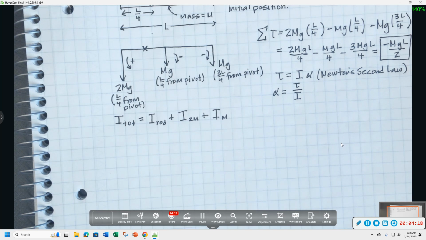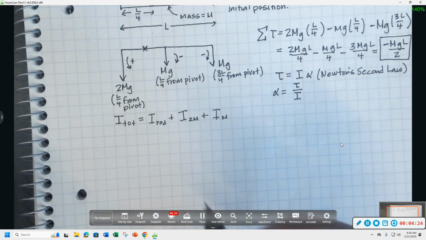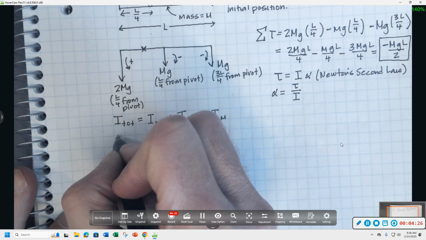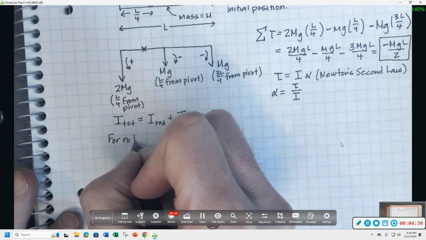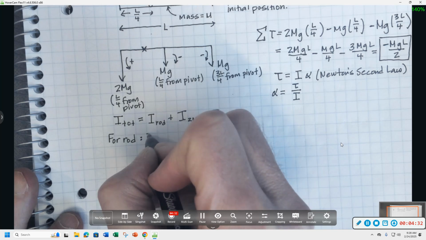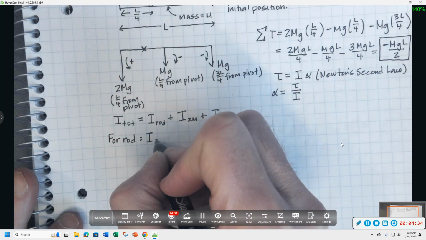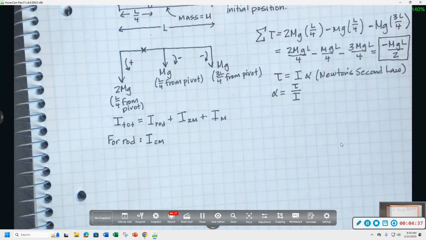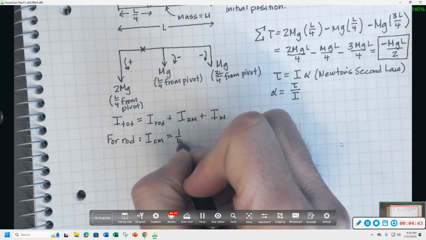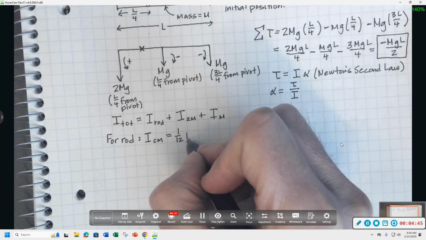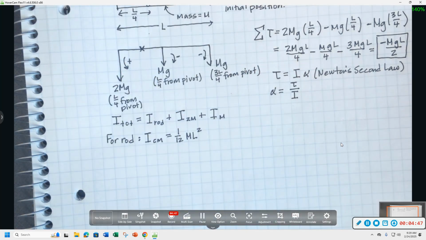Okay? Do you want to do the easy ones first or the hard one first? Hard one first? Okay. So, if I have a beam or a rod, the rotational inertia about the center of mass is 1/12 ml squared.